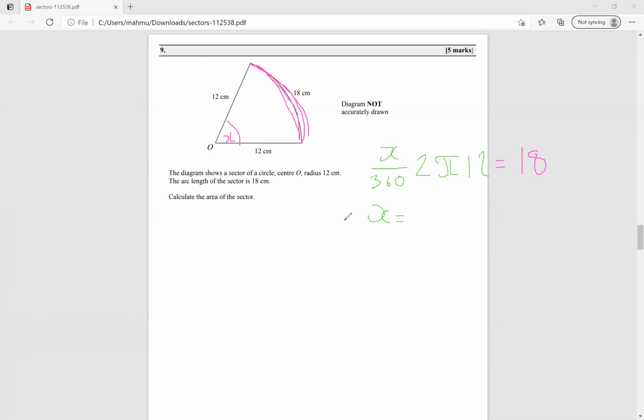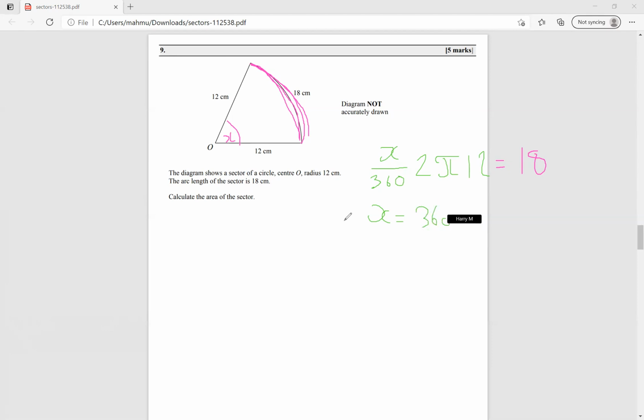You're just jumping, you're not doing things slowly. We've done rearranging so many times, you still keep on forgetting. I really don't understand. What's the first thing you should have taken to the other side? So why are you doing divide now? I don't understand why you're doing 2 divide.